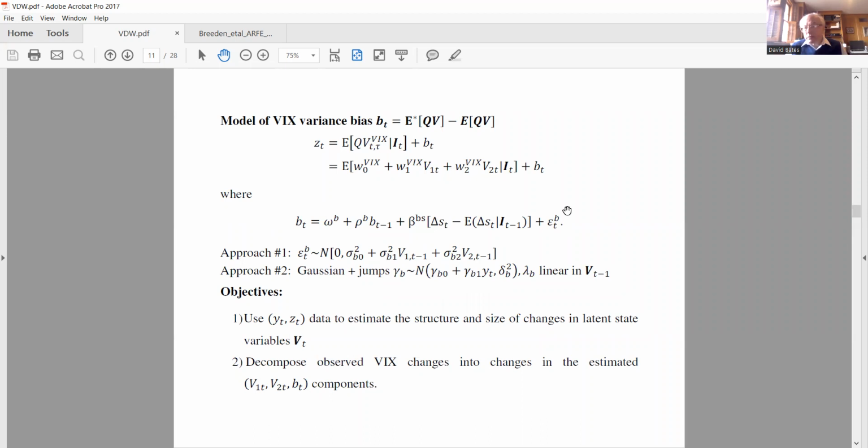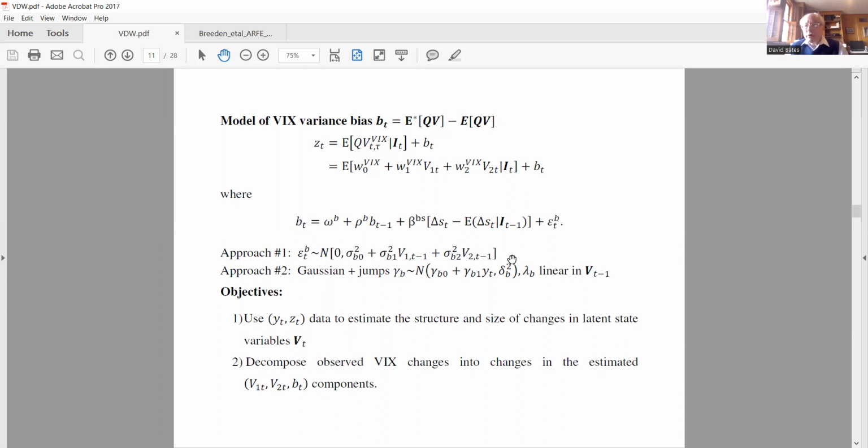Now, that said, I'm still working on this model. It's not quite a co-jump model. So I think a co-jump model would be better for jumps between B and then the jumps in the V variables that affect Z in the return. So it's a partial model, basically, and it could be made better.